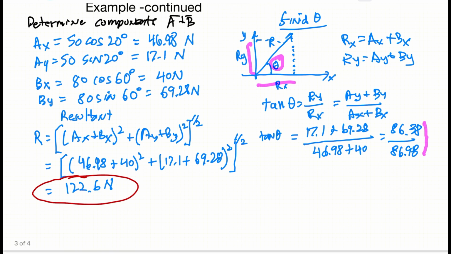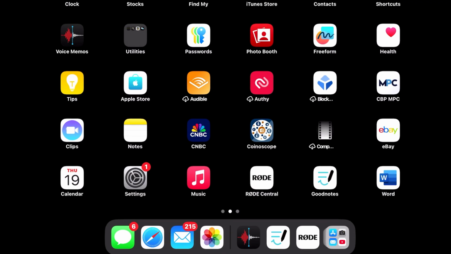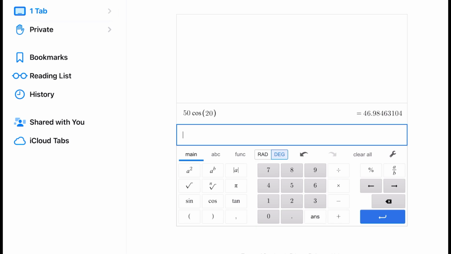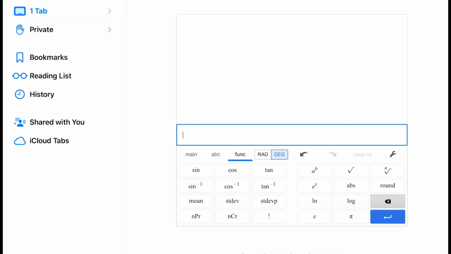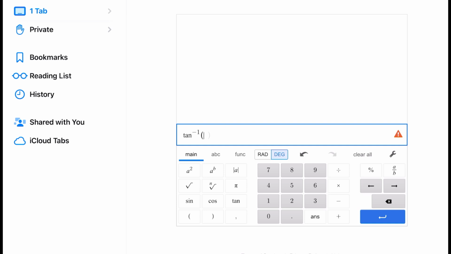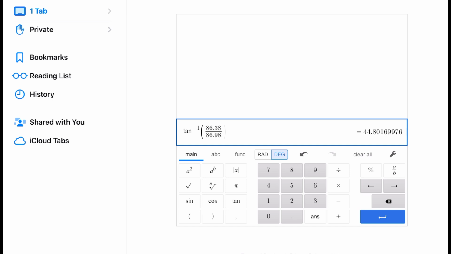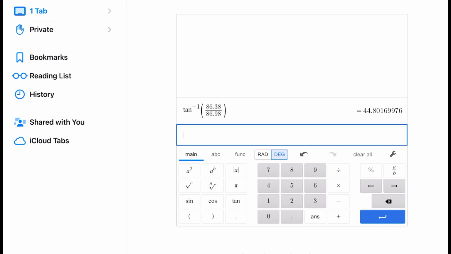Okay, so let's go back into Desmos. And in this case, we have to go to the function key to bring up the inverse tangent. So we're going to do the arctangent of 86.38 divided by 86.98, enter. 44.8, because we are in degree mode.